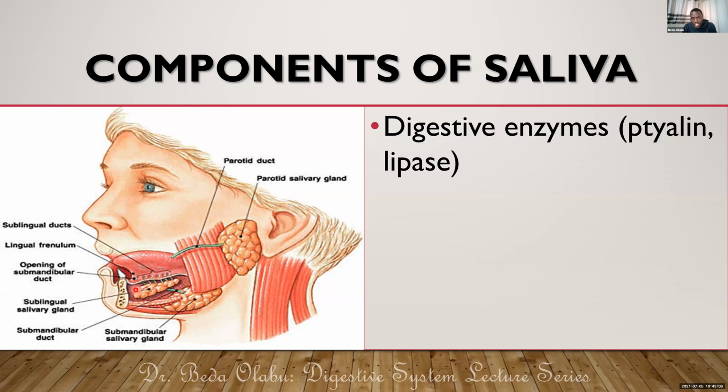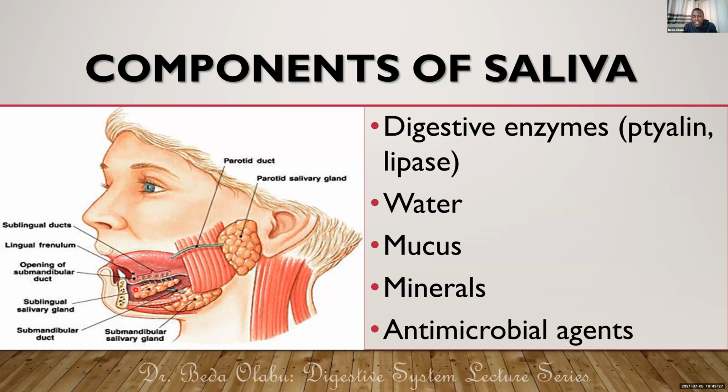We also have the salivary lipase, which is sometimes known as the lingual lipase, the one that breaks down lipids. Then we have mucus. Mucus is a lubricant, basically. There are some minerals within saliva, and also some chemicals which are helpful in fighting infections within the mouth.